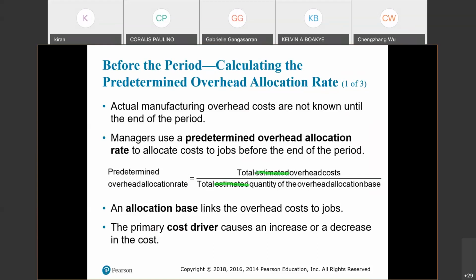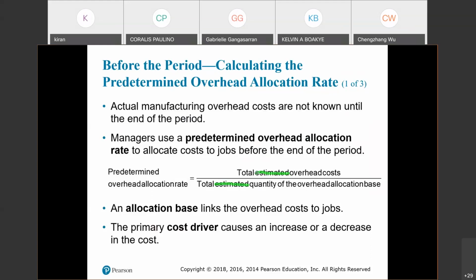The key to allocating indirect manufacturing costs to a specific job is to identify a workable manufacturing overhead allocation base. The allocation base is a denominator that links overhead costs to the products.